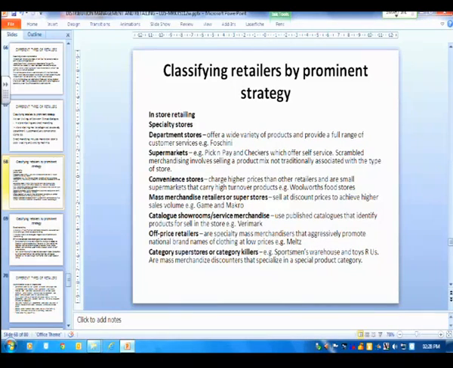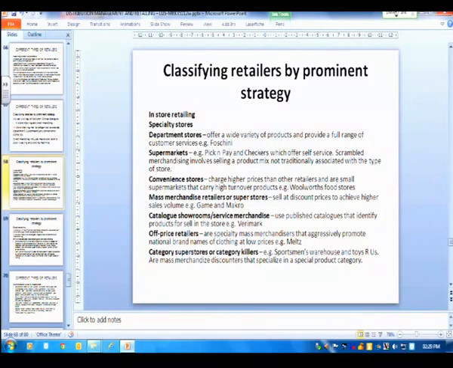Scrambled merchandising involves selling a product mix not traditionally associated with the type of store, whereas convenience stores charge higher prices than other retailers and are small supermarkets that carry high turnover products. Woolworths food stores are an example.